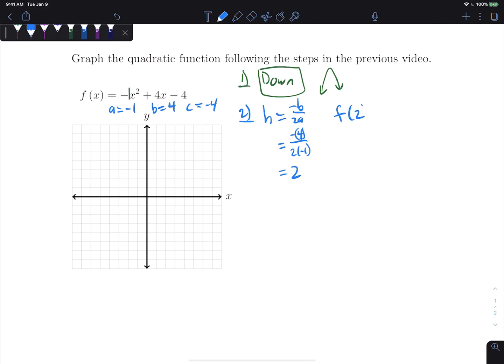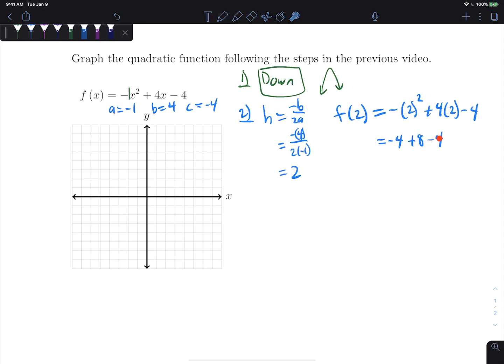Then we want to find f of 2. To find f of 2, we just plug the 2 into the function, making this negative 2 squared, and then plus 4 times 2 minus 4. Awesome. 2 squared is 4, negative, so that makes it negative 4. 4 times 2 is 8, and we have a minus 4 at the end.